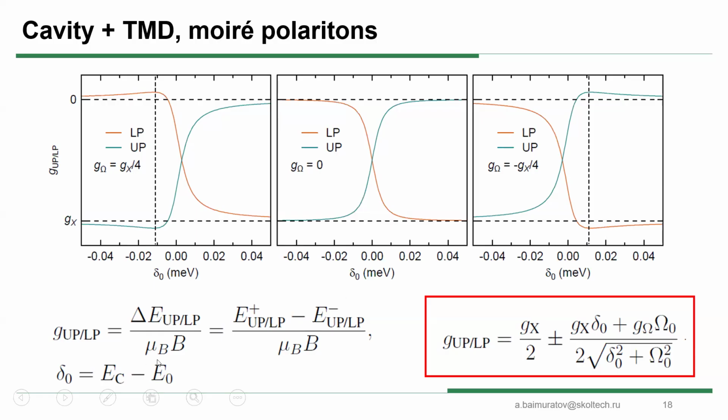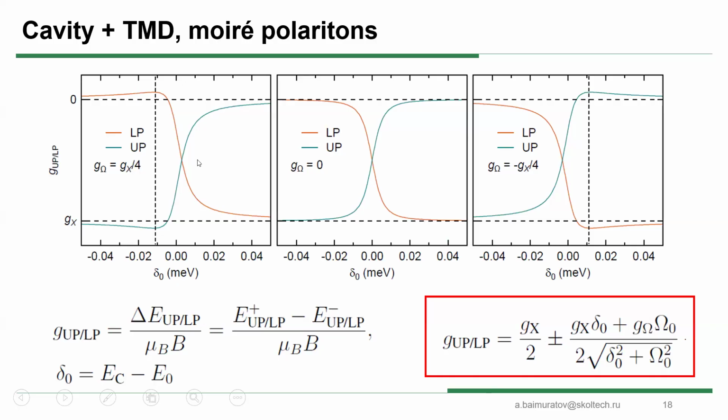This is delta, and you see this would happen if you don't have any effects of magnetic field on Rabi splitting. It's just symmetric. One of the branches takes the G factor from excitons, and at the end it goes to zero because we don't have any G factor for photons, and it is just mirrored for the other branch.